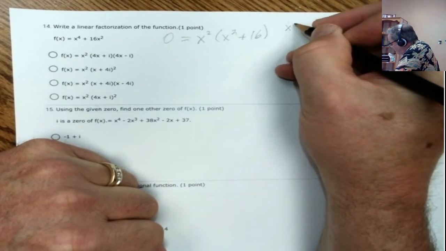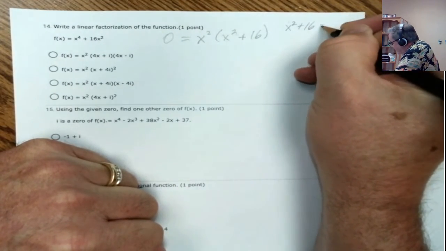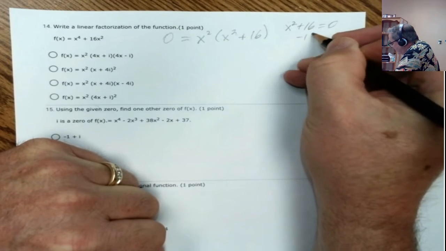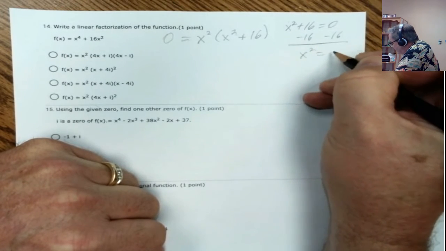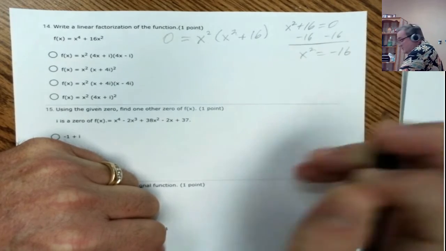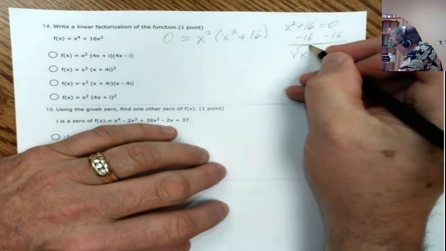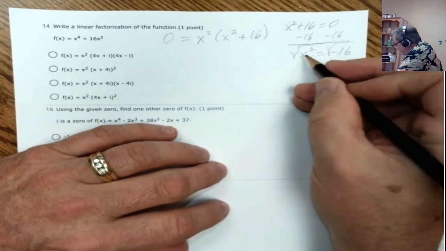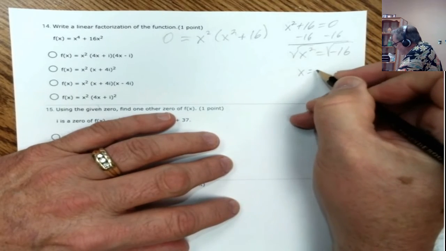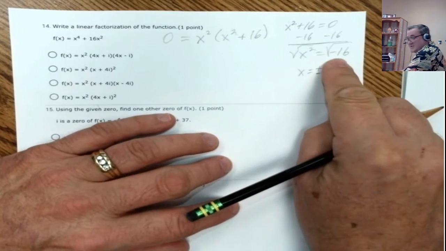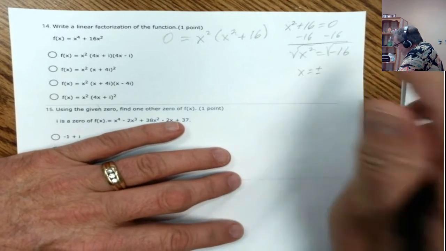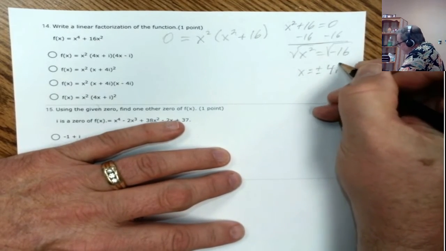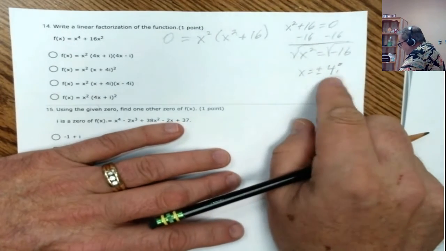If x squared plus 16 was equal to 0, we subtract 16. That means x squared is -16. So when you take the square root to get back to just x, it's a plus or minus situation. X equals plus or minus the square root of -16. Well, now we're in imaginary number country, right? So that would be plus or minus 4i.